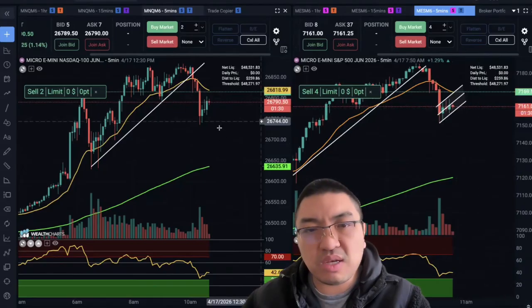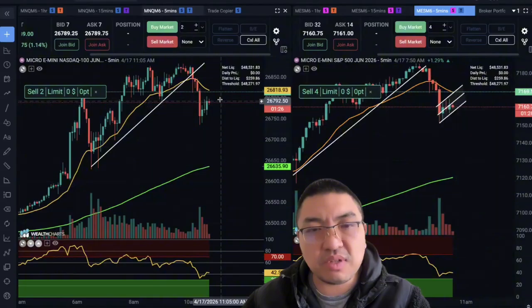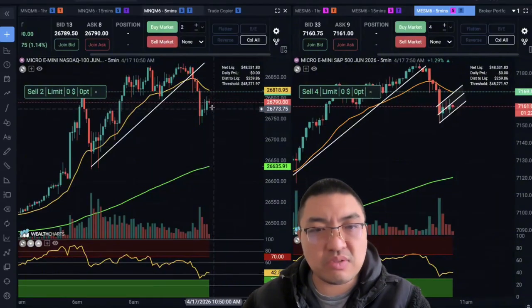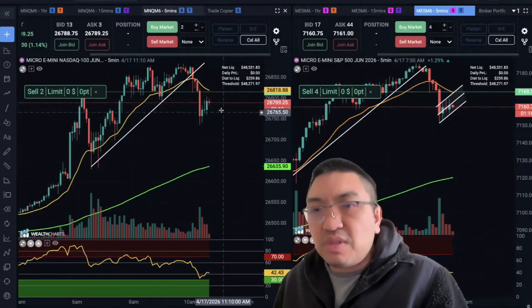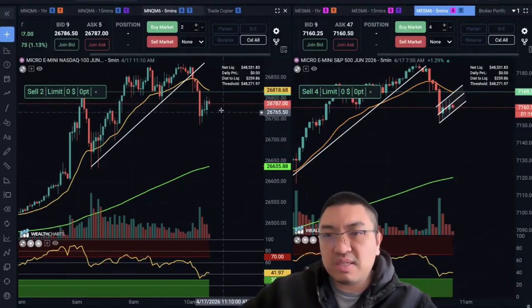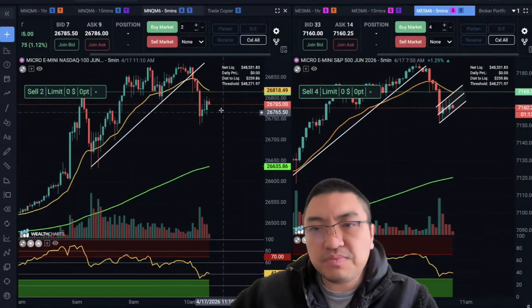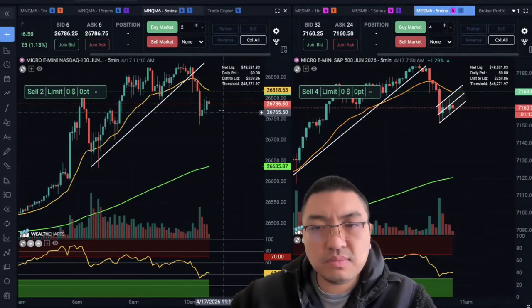the range is smaller. See, NQ, the range is so big. If the sellers want to push a downward candle that engulfs this upward candle... but for ES, it's relatively smaller. 2 more minutes, we'll see.